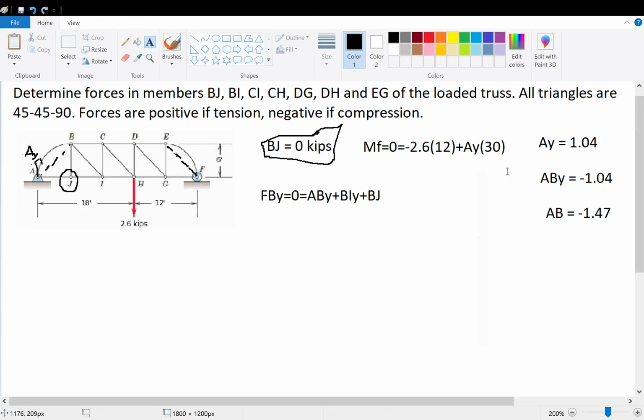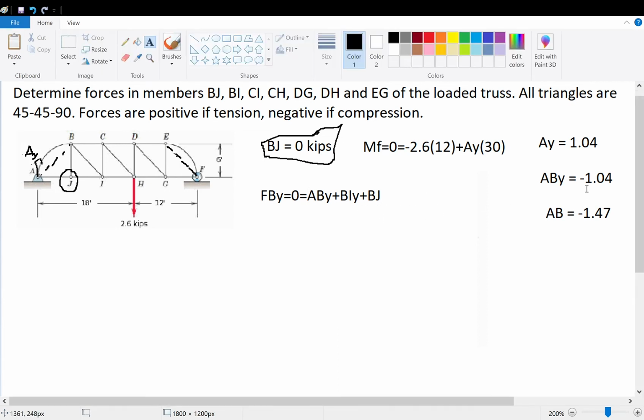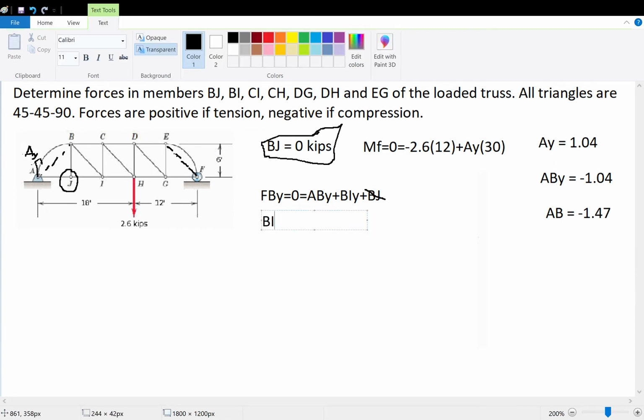So you can plug in the ABY that you got there, and the BIY is what you're solving for, and BJ is equal to 0, so you don't have to consider that. And you'll get that BIY is equal to 1.04, and therefore BI is 1.47 using the root 2 factor, because it's a 45-45-90 triangle.